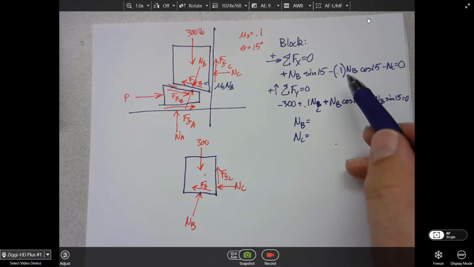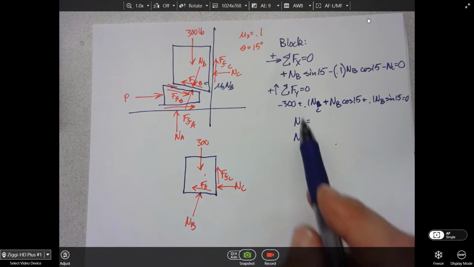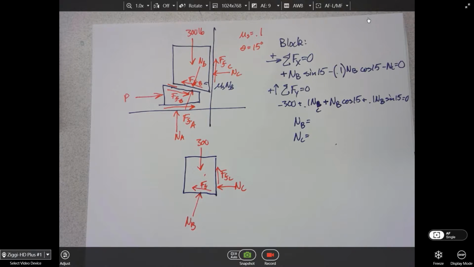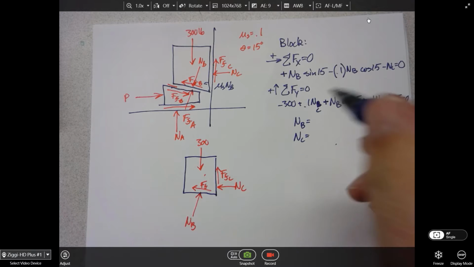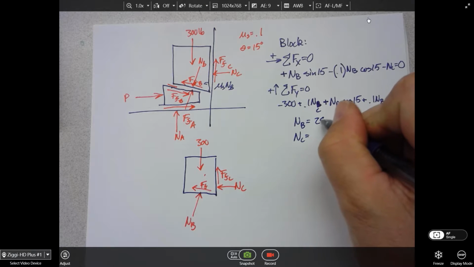Force of friction still is going to be negative in the X and so on. Now try that. What do we get? Positive 298 and 48.3.